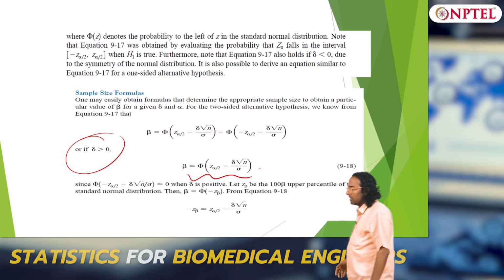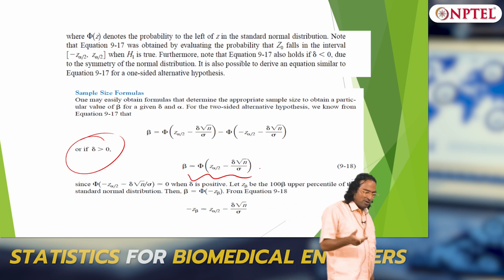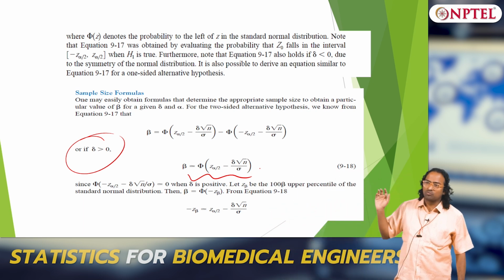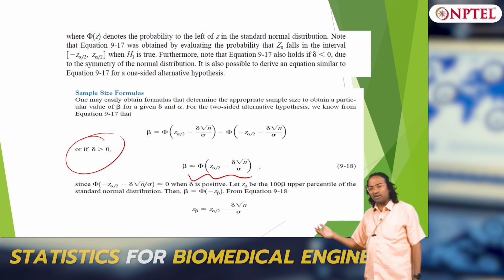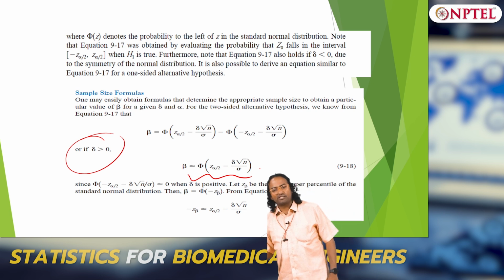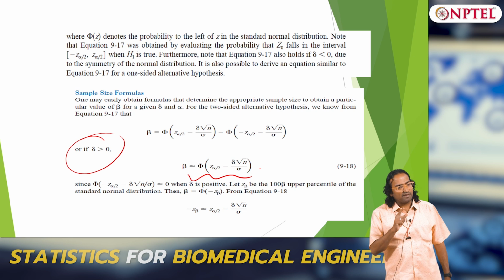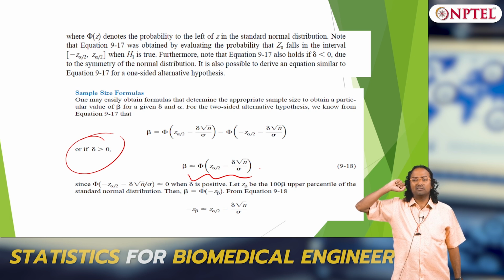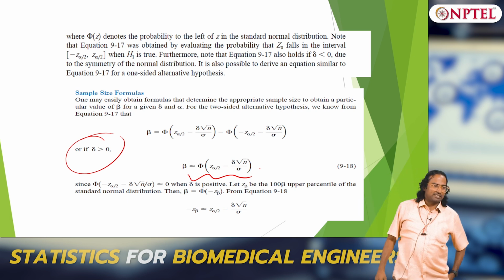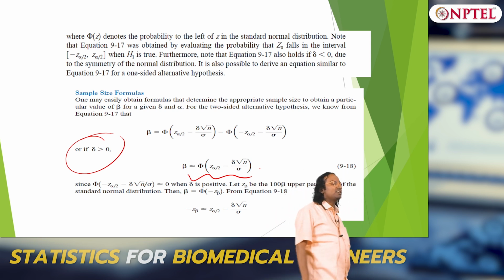Here what am I saying? I am saying let me fix alpha, okay. I assume some value of sigma, the standard deviation. So for a given alpha and a given confidence requirement like 95% or 99%, what is the value of n to make sure that you achieve the desired beta? So let us say I want beta to be only 20%, that means 20% of the times I will make an error, that is I will accept the null hypothesis even though it is false.